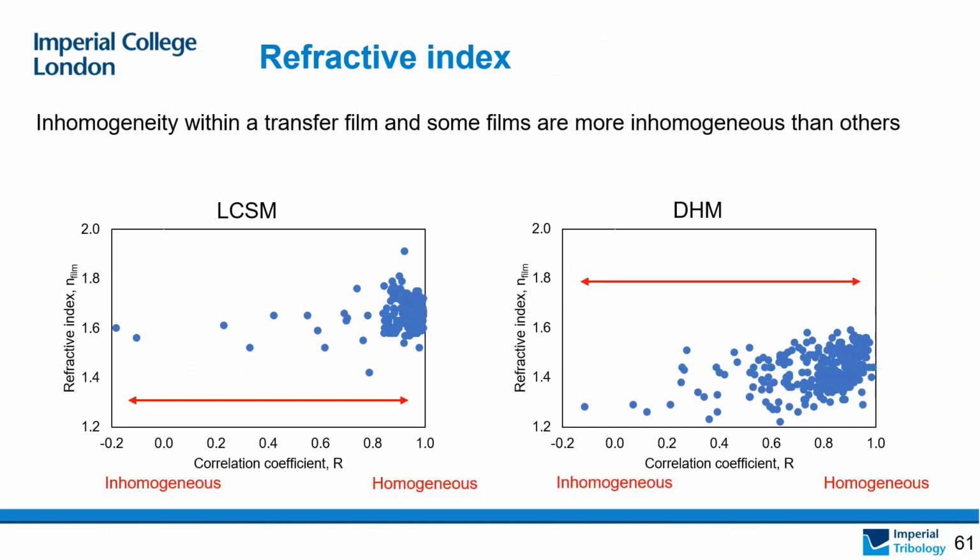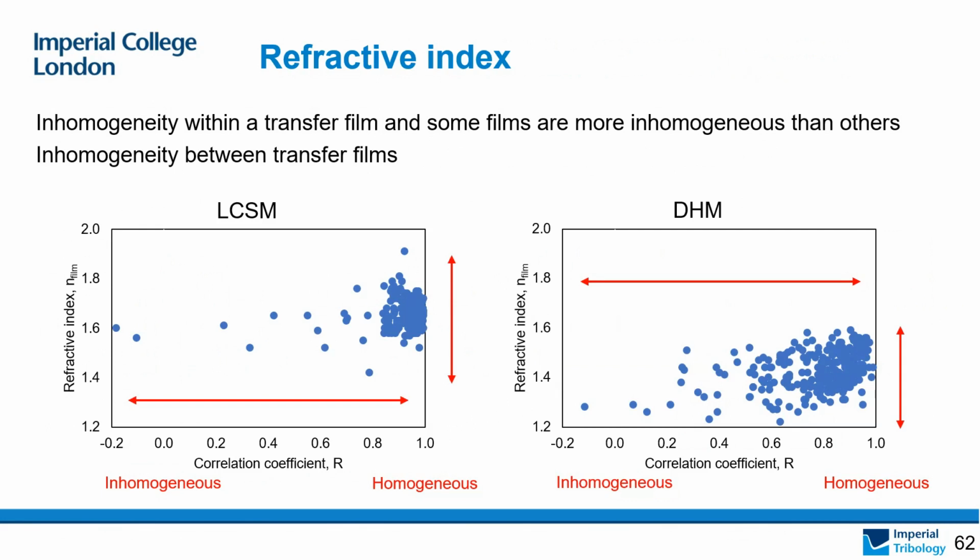Besides that, we can see the data points scattered across the x-axis, indicating that different transfer films have different correlation coefficients. This suggests the inhomogeneity of refractive index within a film. And also some films are more inhomogeneous than others. We also see scattering of data points across the y-axis.